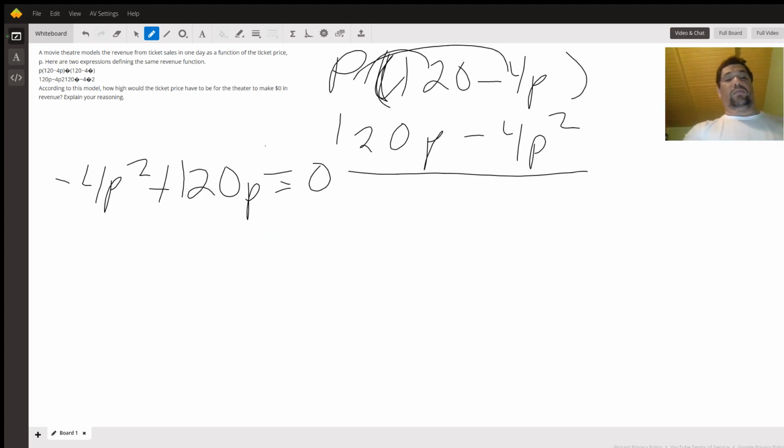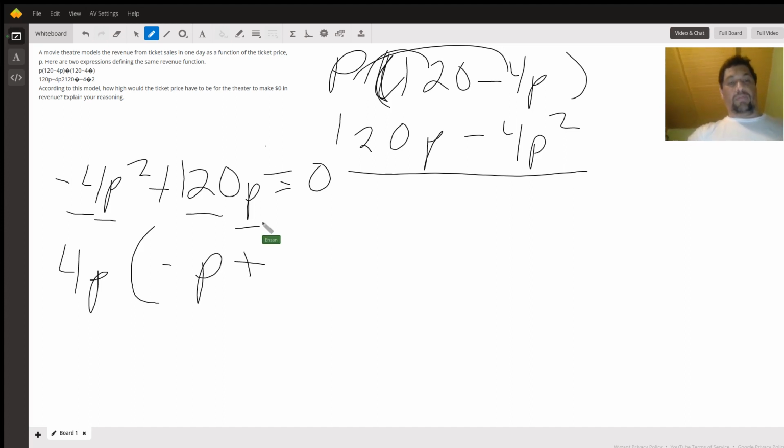Now, if we look at these terms, we can factor out the greatest common factor. 4 is the greatest common factor, and P is also a common factor. So once we factor these out, we'll have 4p times negative p plus 30 equals 0.